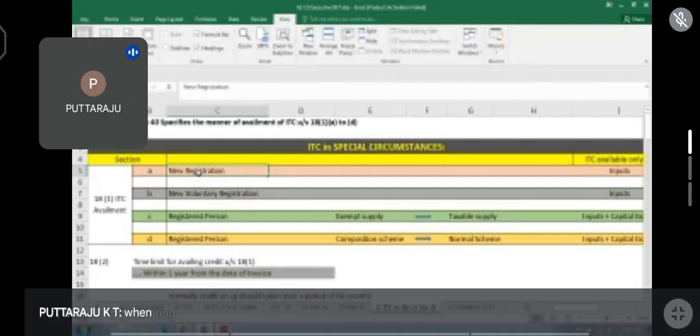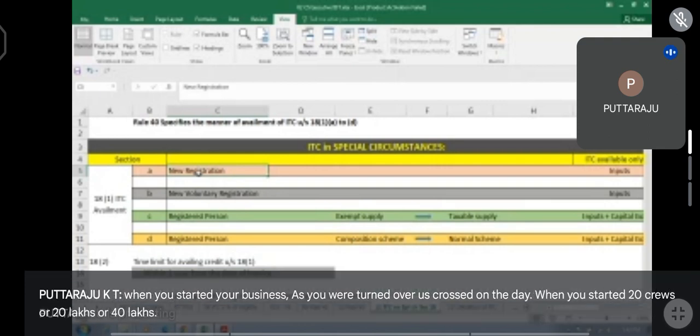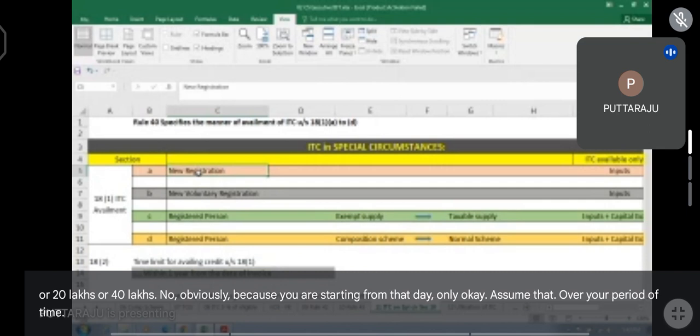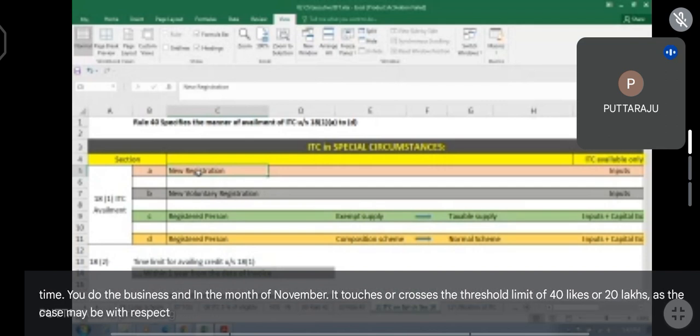No, obviously not, because you are starting from that day only. Assume that over a period of time, you do the business, and in the month of November, it touches or crosses the threshold limit of 40 lakhs or 20 lakhs, as the case may be with respect to goods or services.